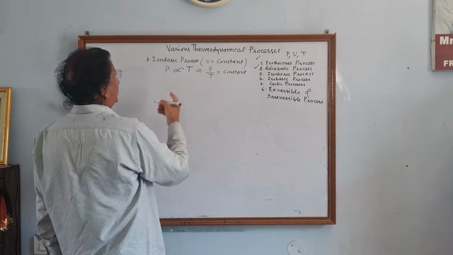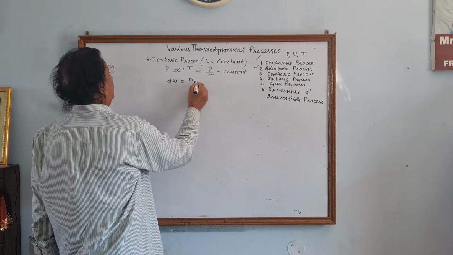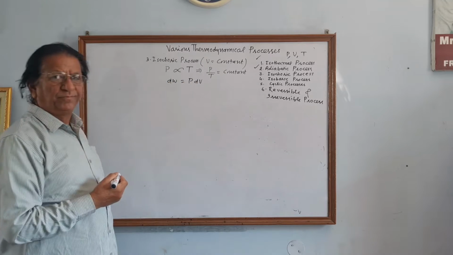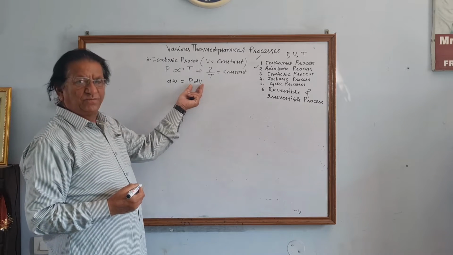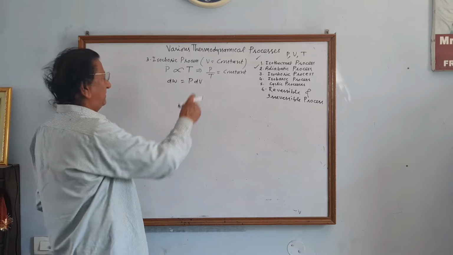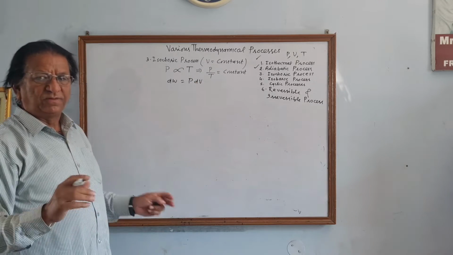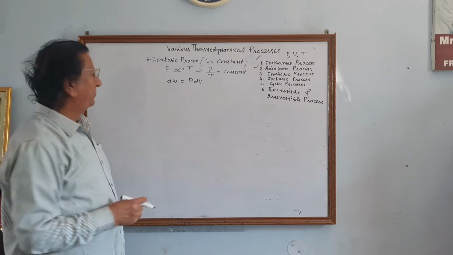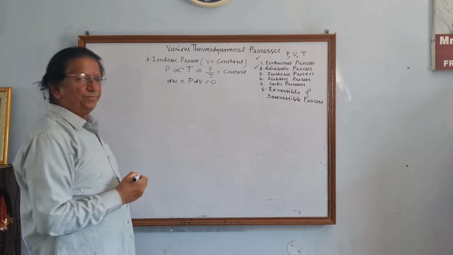The volume is constant. You know the work done is pressure into change in volume. Work is said to be done only when there is a change in volume. But in this case, volume is constant, there is no change in volume, no expansion, no contraction of the gas. Therefore, here work done will be 0.